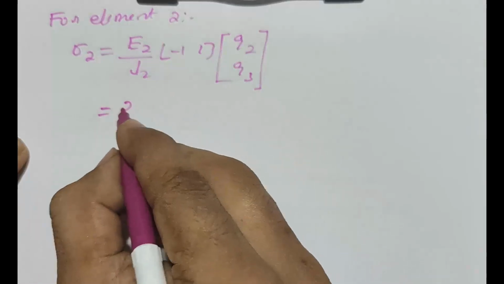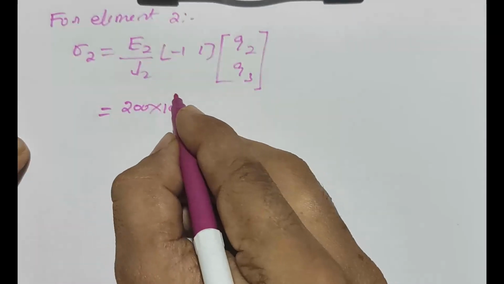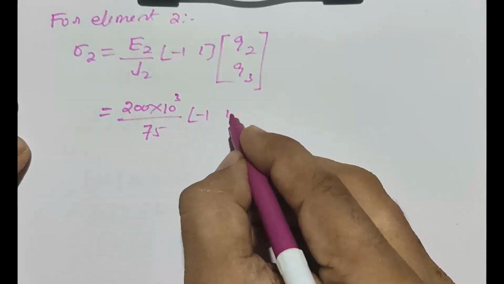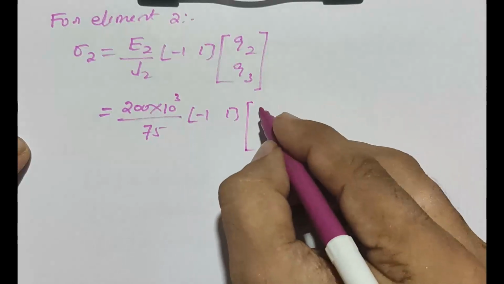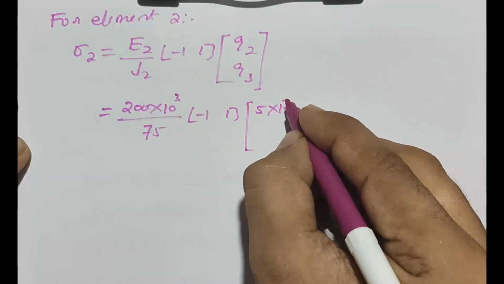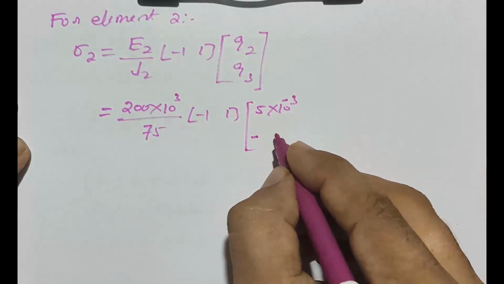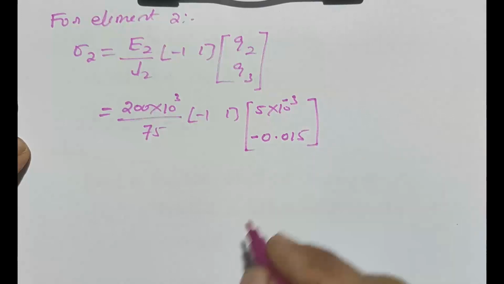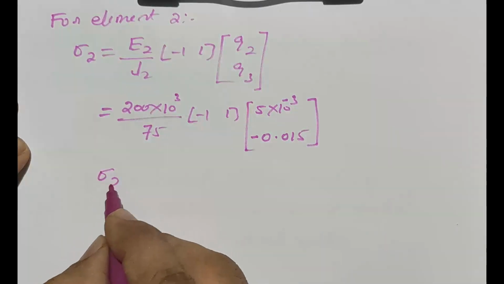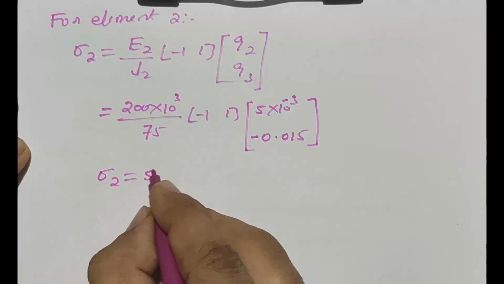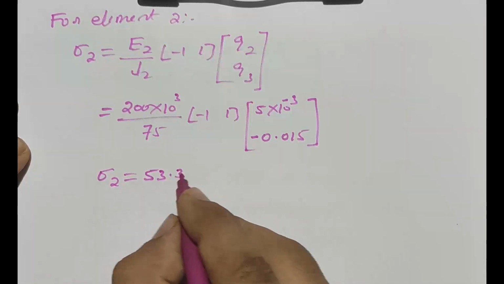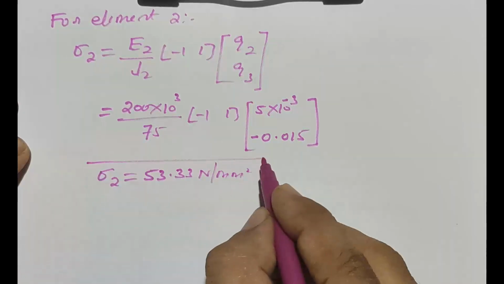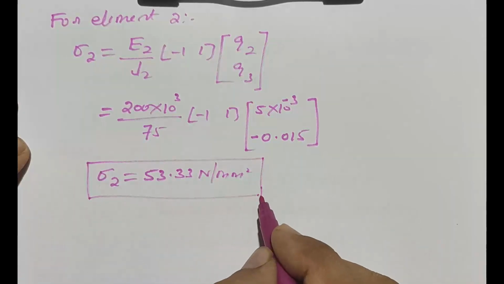Substitute the values. E2 is 200 into 10 power 3, length is 75 [minus 1 1], Q2 is 5 into 10 power minus 3, Q3 is minus 0.015. If you simplify this, we will get sigma 2 is equal to 53.33 Newton per mm square. This is stress in element 2.